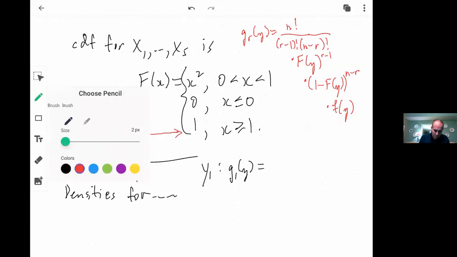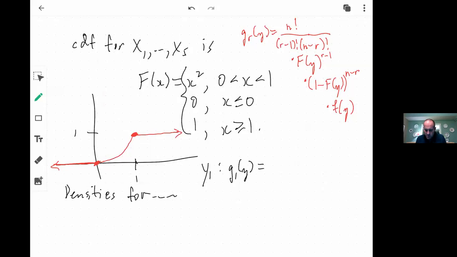Okay, so what is g1 of y? Again, what's our n equal to in this particular case? Well, n is 5. So g1 of y is equal to 5 factorial over, r minus 1 factorial is just 0 factorial, and n minus r factorial is 4 factorial.